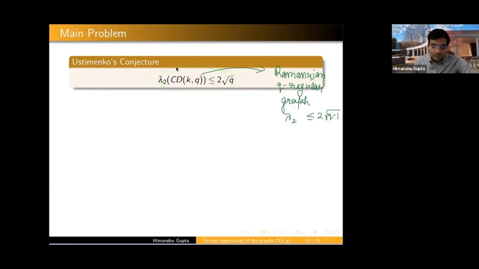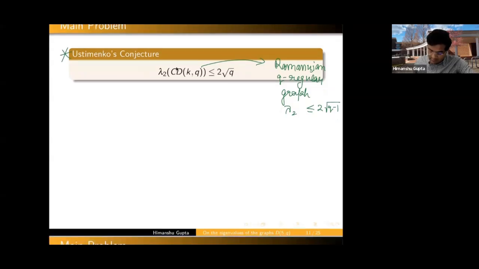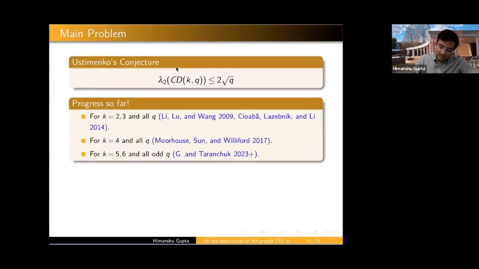So that's why this conjecture has importance on its own, and there has been some progress on it. It has been proved for k equal to 2 and 3, and for all values of q, by Lee, Lu, and Wong in 2009, and by Cioabă, Lazebnik, and Lee in 2014. Cioabă, Lazebnik, and Lee studied the spectrum of other graphs called Wenger graphs, and for k equal to 2 and 3, D(k,q) are their special cases.